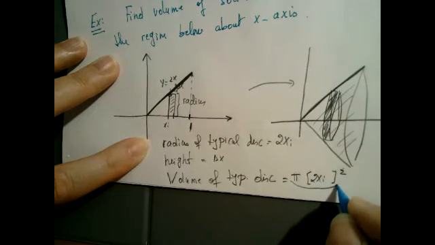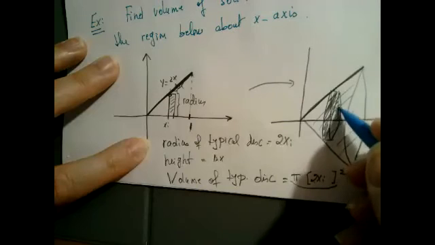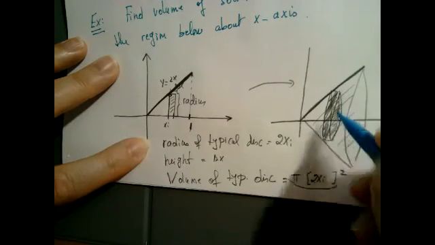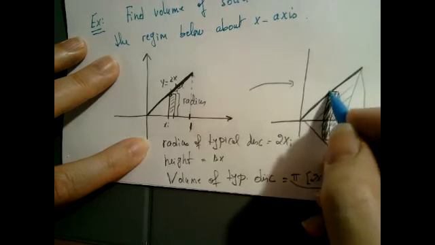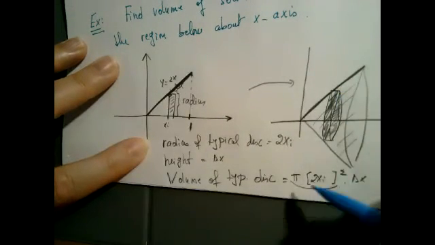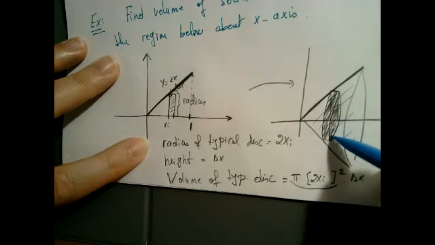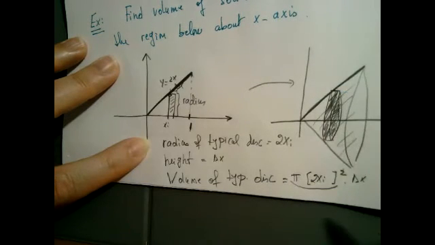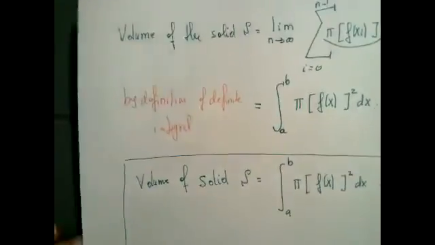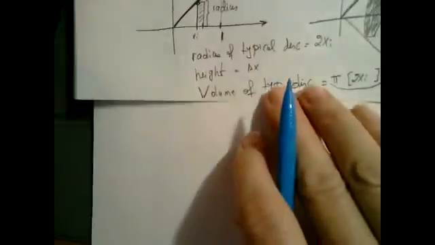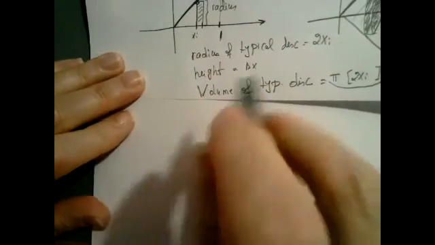Pi times the radius squared is actually the area of this base right here. When I multiply it by the height, I'm going to get the volume. That's the area of the base times delta x, which is the volume. So that's the volume of a typical disc. Now the volume of the whole solid, which is the whole cone.